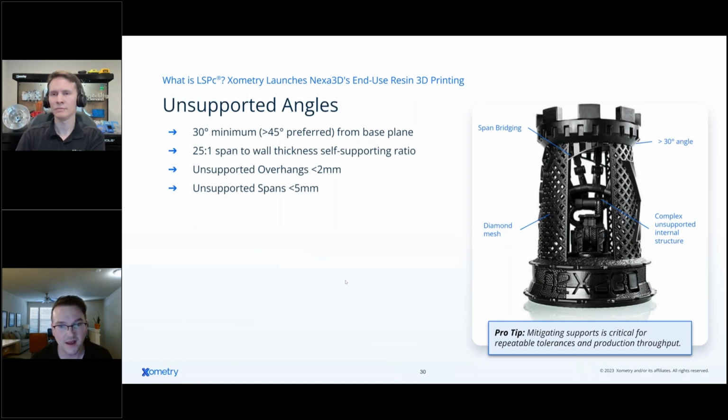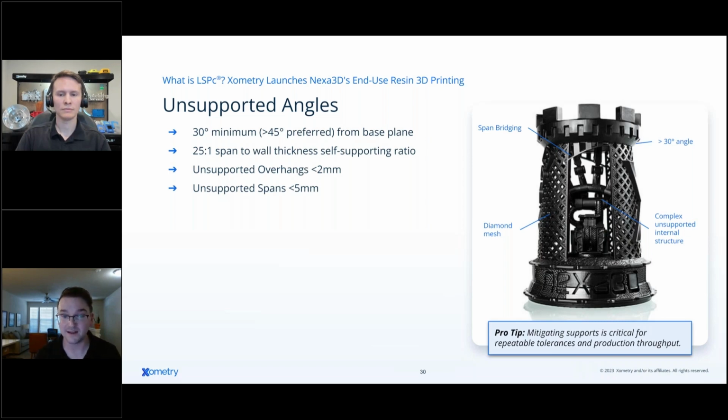And then as you look at the span bridging example at the top center portion of this print, which is our lovely X-Rook, you're going to want to stick to a 25-to-1 ratio to span a wall thickness and make that self-supporting.